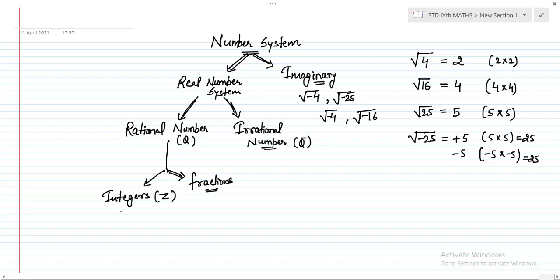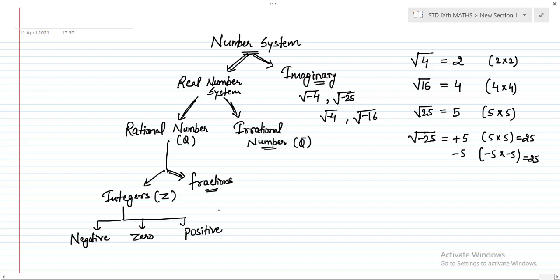Now let us understand what integers are. You know better that integers can be -1, -2, 0, 4, 5 also. So integers can be negative, zero, or positive.